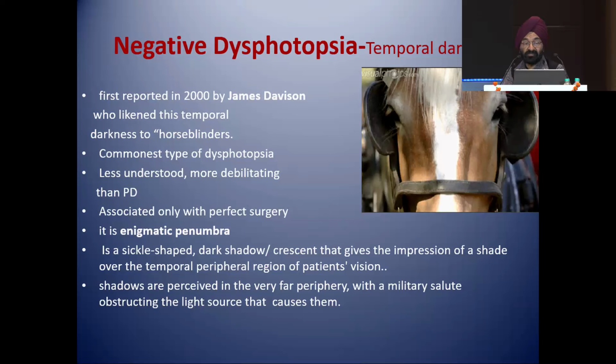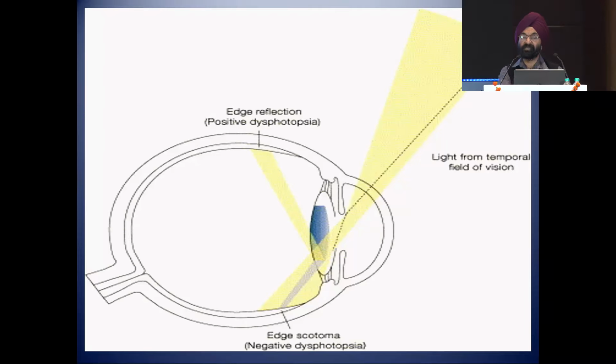It is a sickle-shaped dark shadow crescent that gives the impression of a shade over the temporal periphery. So why does it occur? The simplistic explanation is that temporal rays of light, when they strike the nasal edge of the lens, are reflected back. Since there are no light rays to be refracted, it causes a shadow in the nasal periphery.